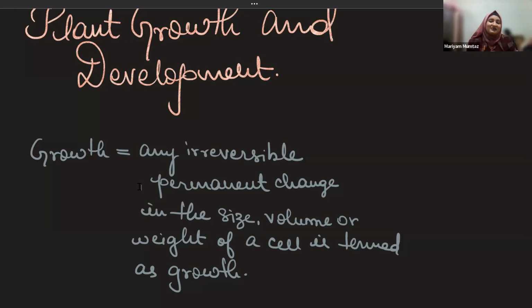Growth, not reproduction, not body processes. I'm asking you the growth difference. Khadija, what about you?